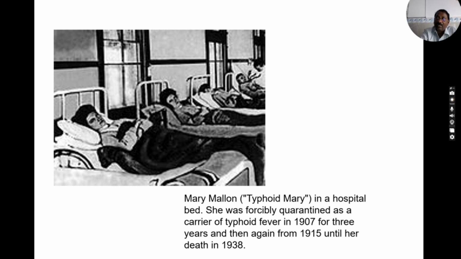So 3 years quarantined in the hospital. And again from 1915 until her death in 1938. That is the story of Typhoid Mary, who gave typhoid to a lot of people. She was a big carrier of this disease.